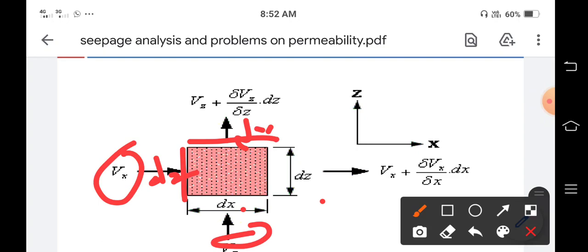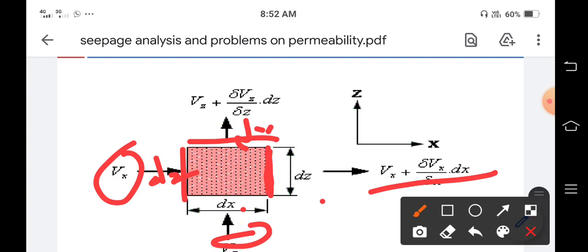Our outlet component will be equal to it, because the assumption is that what enters the element equals what leaves the element. While leaving the element, it leaves through this area, so the same formula is applicable.